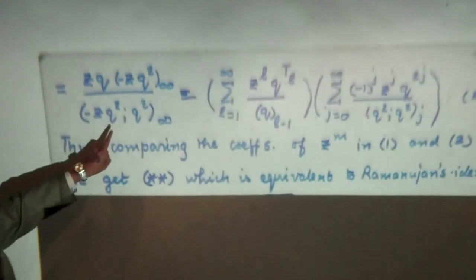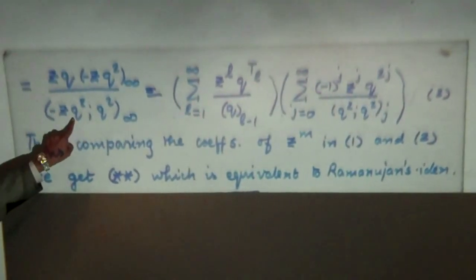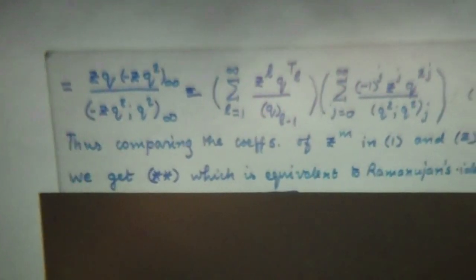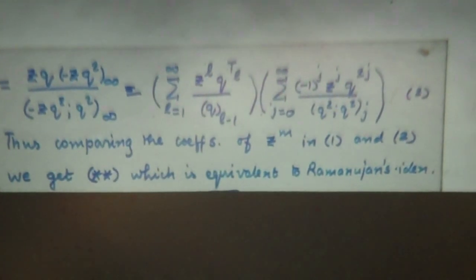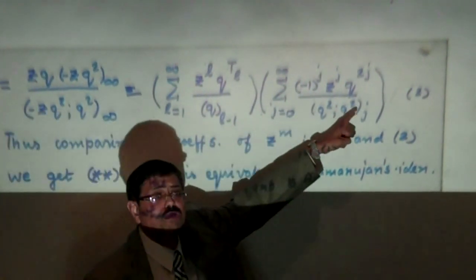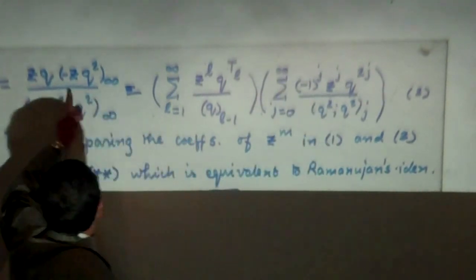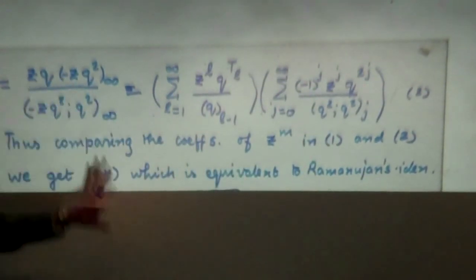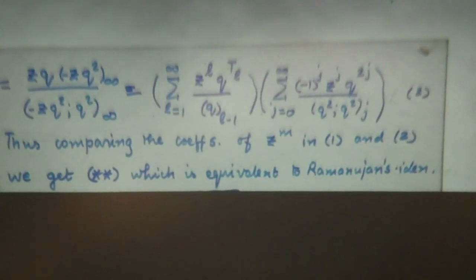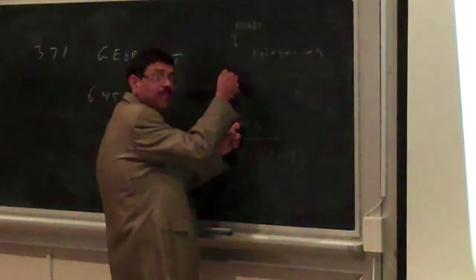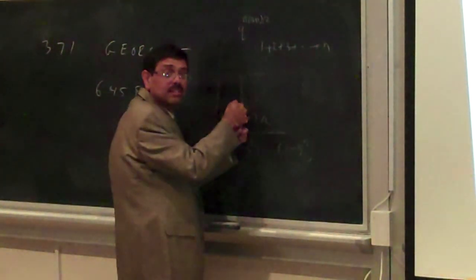divided by this. This is just partitions, ordinary partitions, but q is replaced by q squared. So I've just written down the generating function for partitions with q replaced by q squared with the change of sign. What about this? This is exactly like your partitions into distinct parts, triangular numbers, but in the embedding, since I want the smallest part to be 1, I'm never going to fill in a column of length n.